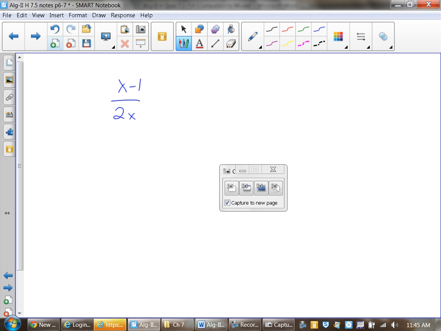What is the only value of x that I cannot have? It's what makes my denominator 0. So my domain here would be all reals not 0.